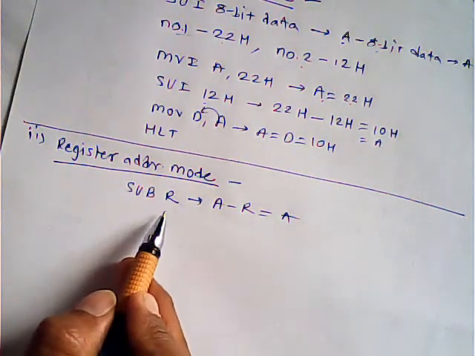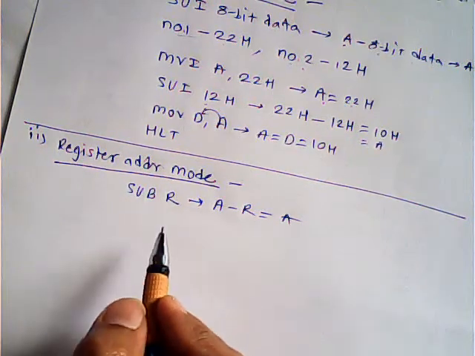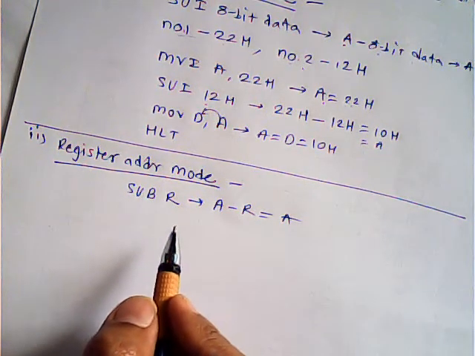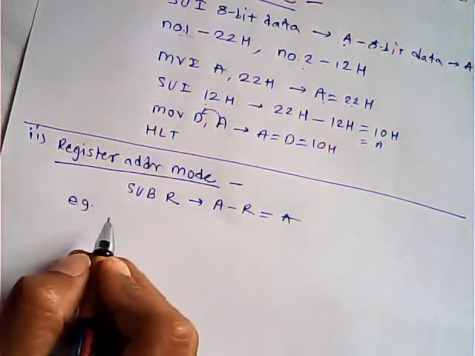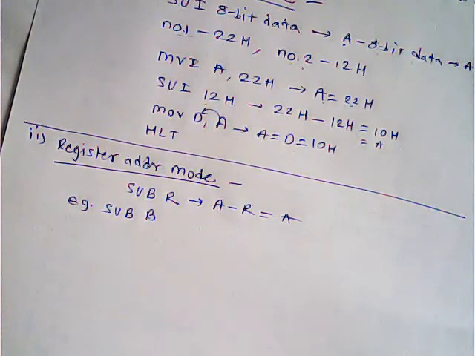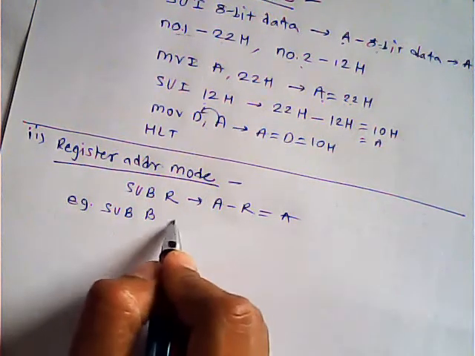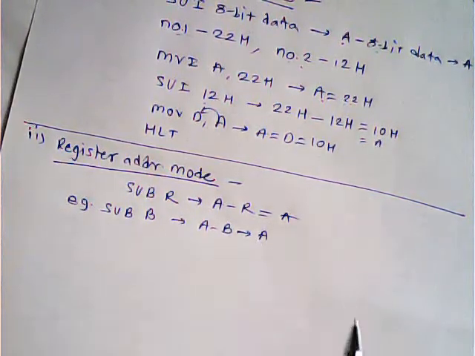Here R means a general purpose register, any register such as B, C, D, E, H. Suppose you have decided to use the SUB B instruction. Its operation is A minus B and the result in the accumulator.